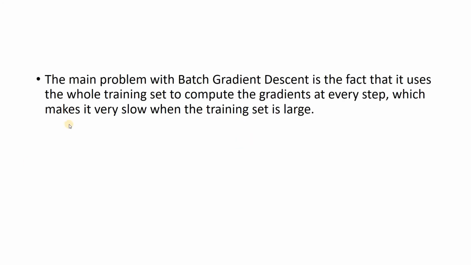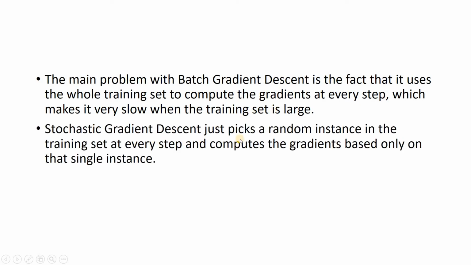So stochastic gradient descent. The main problem with batch gradient descent was that it uses the whole training set to compute the gradients at every step, which makes it very slow when the training set becomes larger. Stochastic gradient descent just picks one random instance in the training set at every step and computes the gradient based only on that single instance, and then it updates the m and c values, and like that the iteration goes.